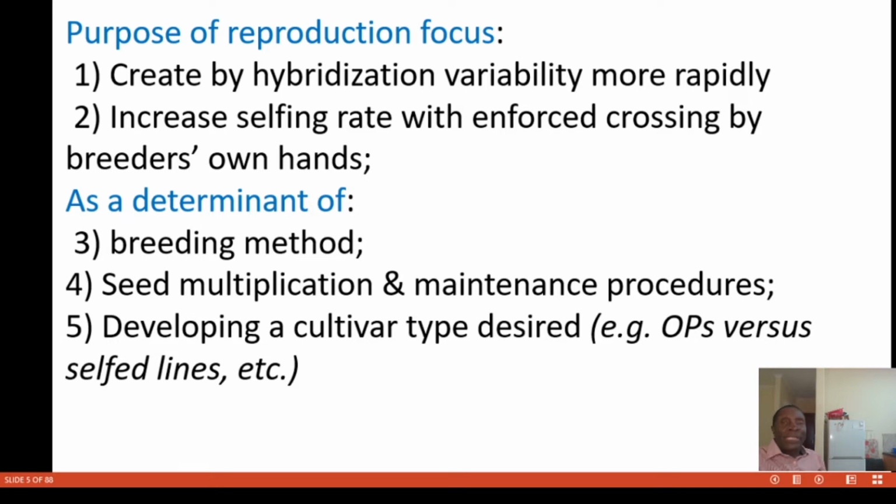We can hybridize to cause new variability. We can actually do tissue culture and induce somaclonal variation as a way of creating variability. However, we are going to focus on the issue of crossing.